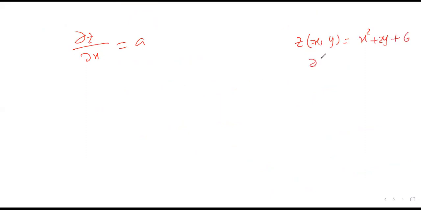If you take del z over del x, I only take the z function, others are 0 now. So this will be 2x plus 0, am I correct? But if we go from here to here, like a reverse action, we don't know the 0. It can be any constant or any function of y also. Even though it's a function of y, if I take the partial derivative, I get 0.